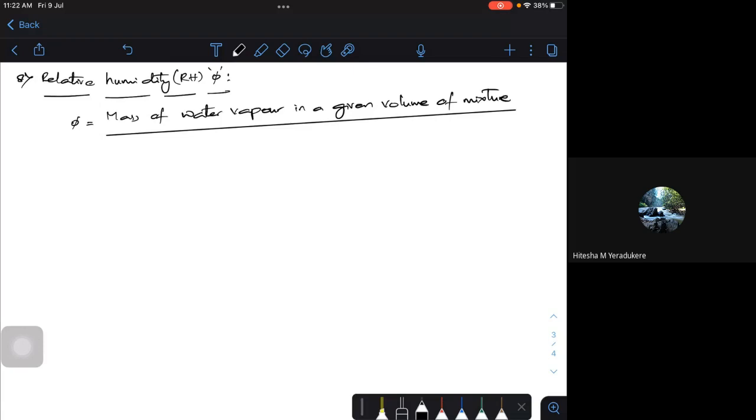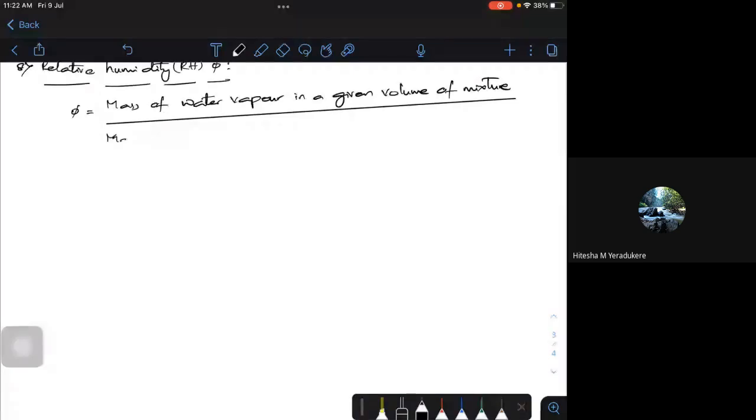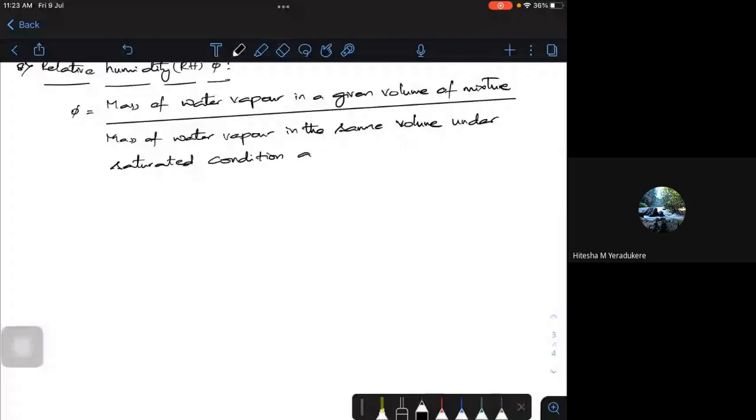That is, mass of water vapor in the same volume, if saturated, that is under saturated conditions at the same temperature.